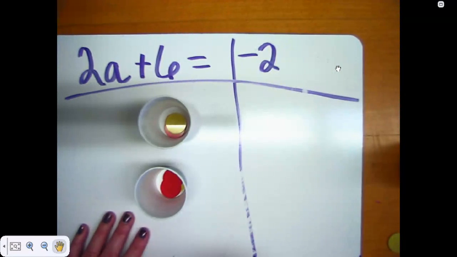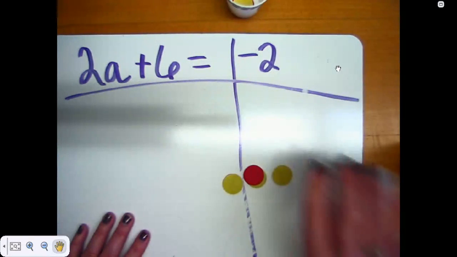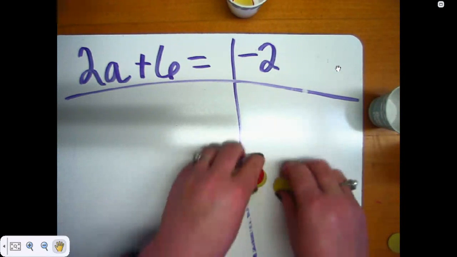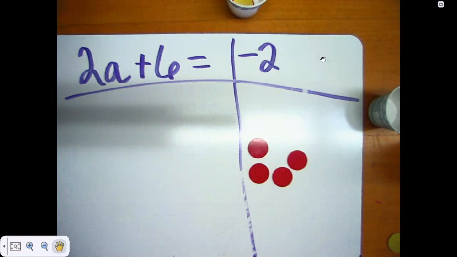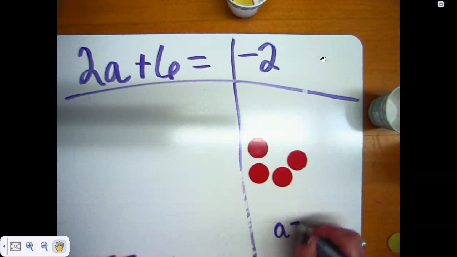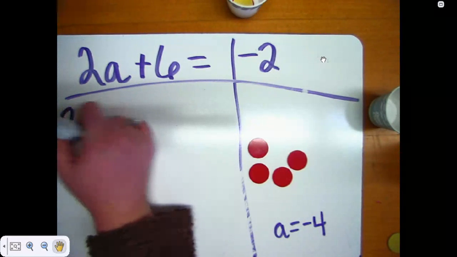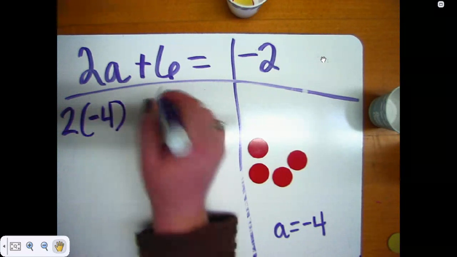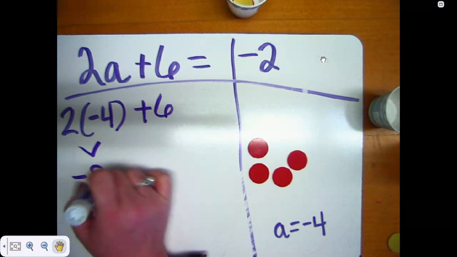Okay, now I can remove one of my cups, and I can see how many 1A is equal to. 1A is equal to negative 4. So A equals negative 4. Let's plug that in and see if it works. 2 times negative 4 plus 6. 2 times negative 4 is negative 8.